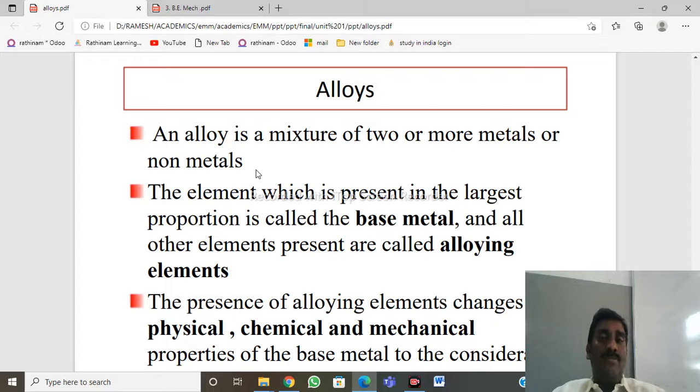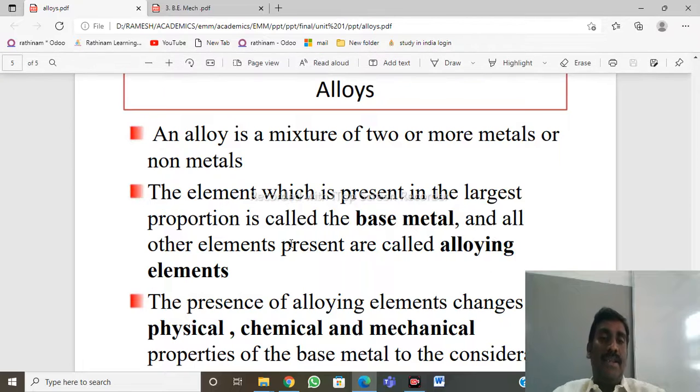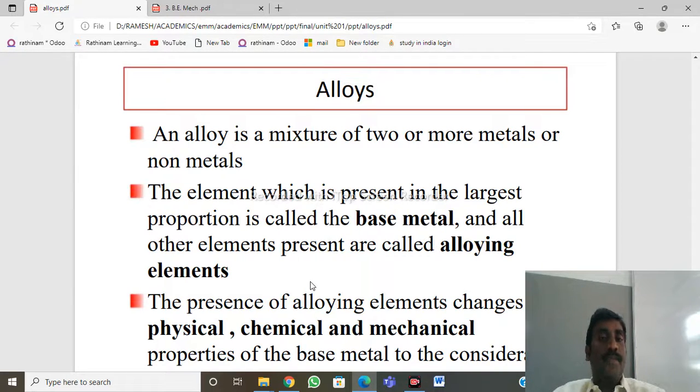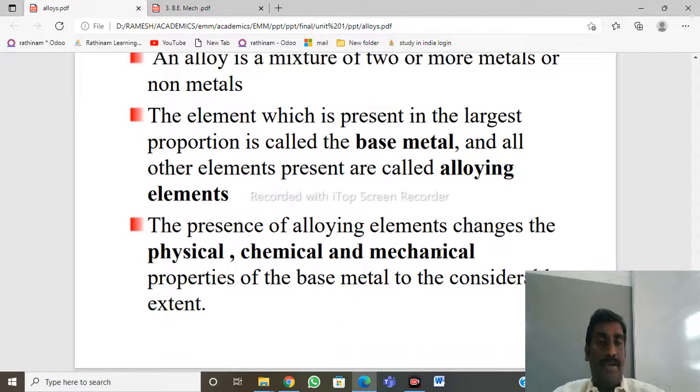The element present in the largest proportion is called the base metal. In these two or more metals, the element in the largest proportion is the base metal, and the other elements are called alloying elements. If we consider two metals in proportions like 70% and 30%, the 70% metal is called the base metal and the 30% metal is called the alloying element.